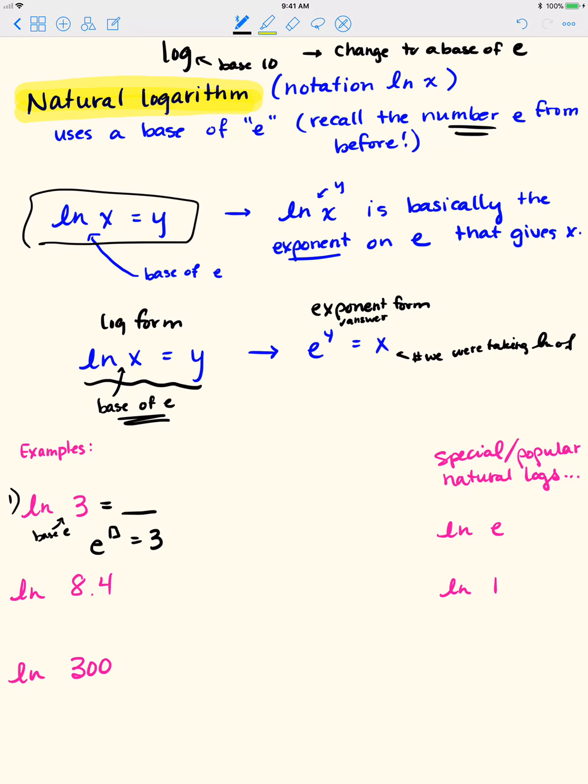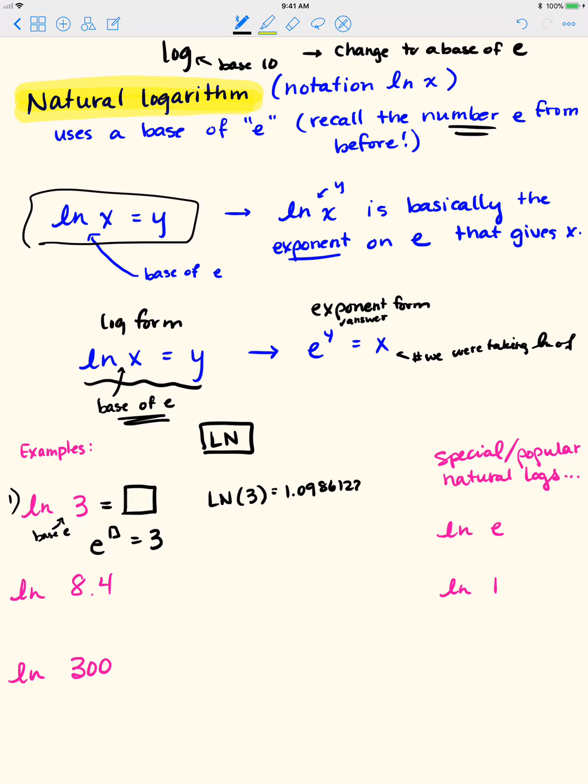Again, you're not expected to know powers of e, but you can take the natural log of 3 on a calculator. There is an actual ln button on the Texas Instruments calculator, right below the log button in the left-hand column. But you definitely need to distinguish between using the natural log button versus the log button when you do calculations. So if I type in ln 3, the calculator produces the decimal 1.0986.